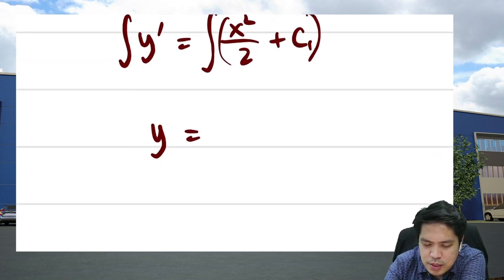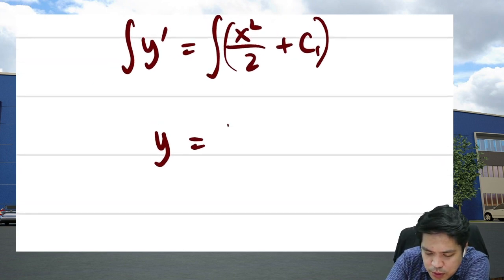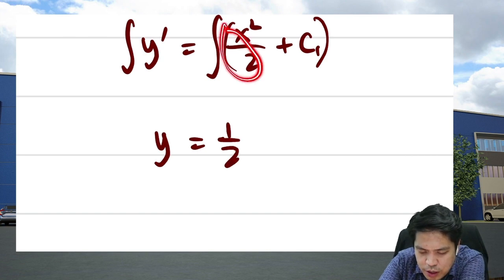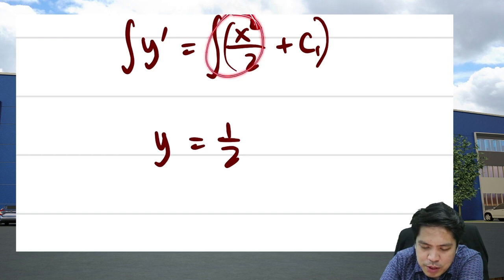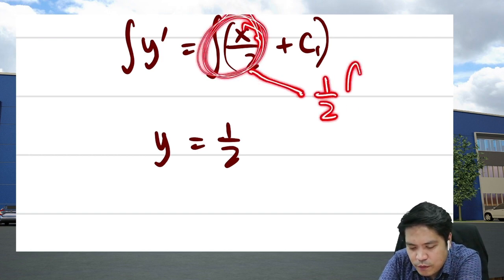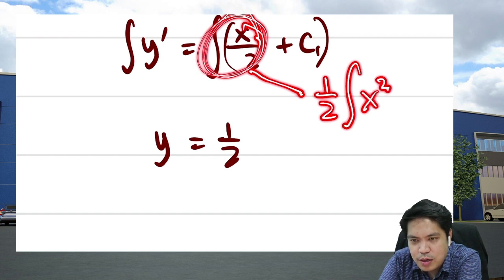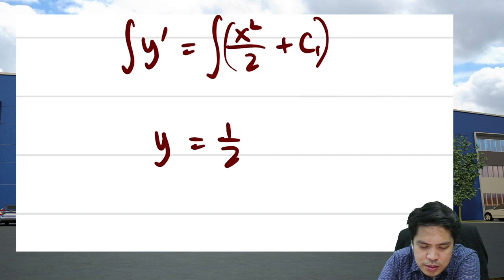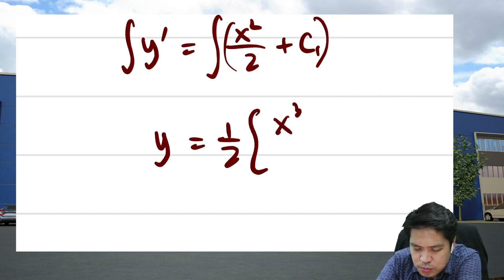Okay? What's the integral of x squared over 2? So, that would be 1 half, ito yung 1 half, times the integral of, we'll just rewrite that as 1 half integral of x squared. Ganun pa rin, di ba? So, the integral of x squared is just x cubed over 3.